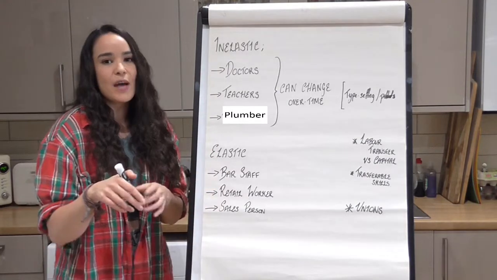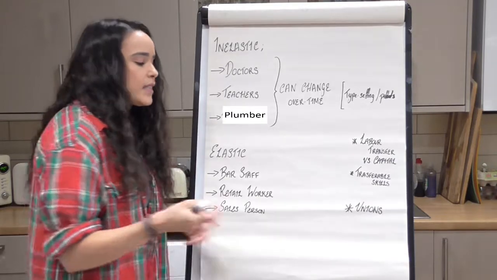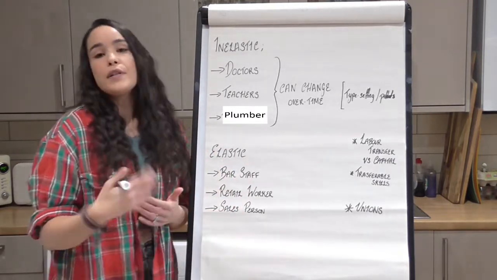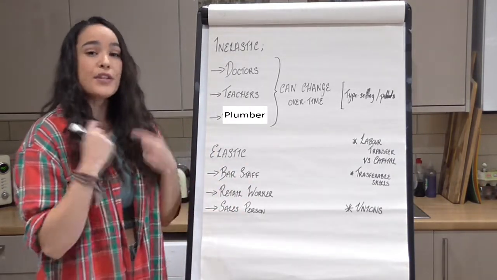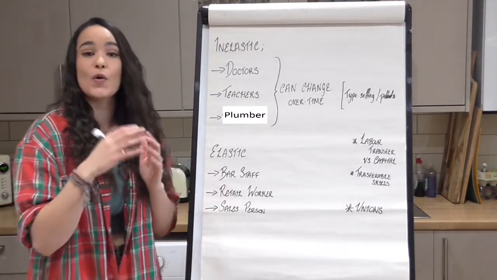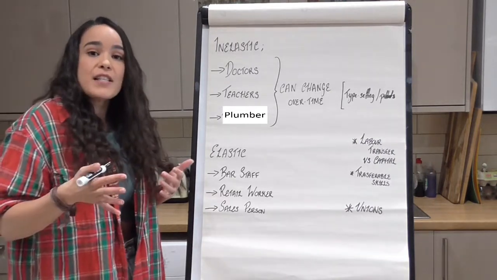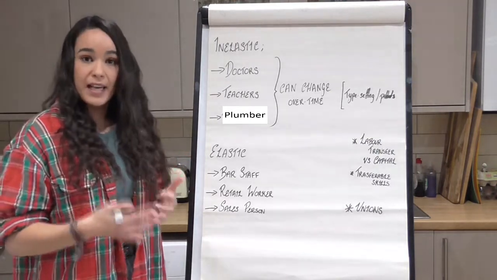And one of the other things that I wanted to mention very quickly is unions. Unions can have a huge effect on the labour market. They can enter or be created within the labour market and have a huge effect on what is happening in it.